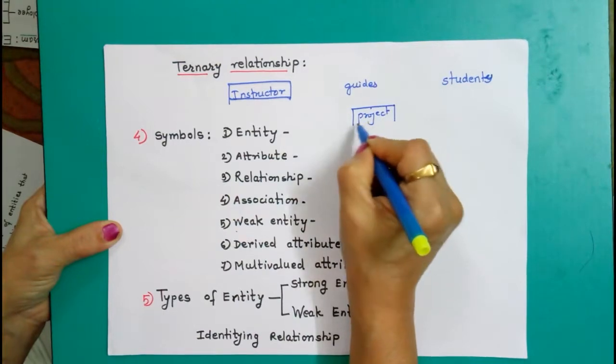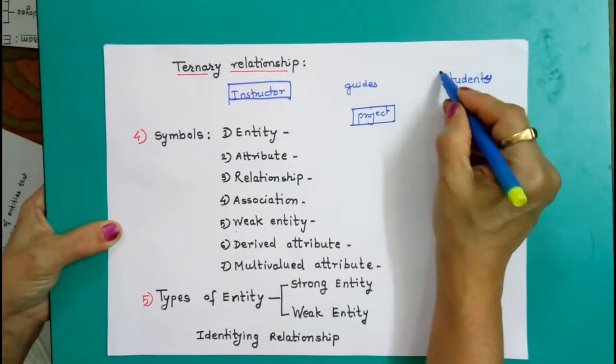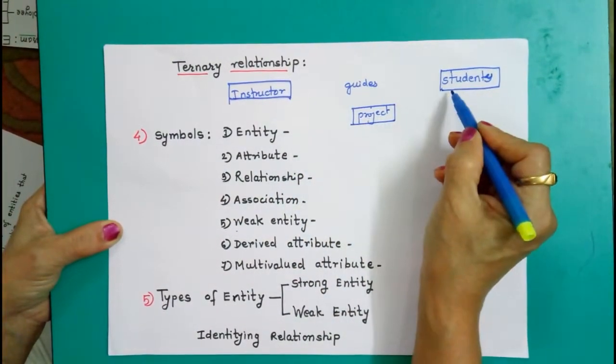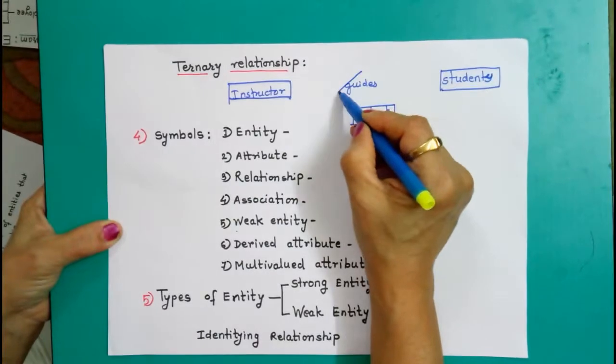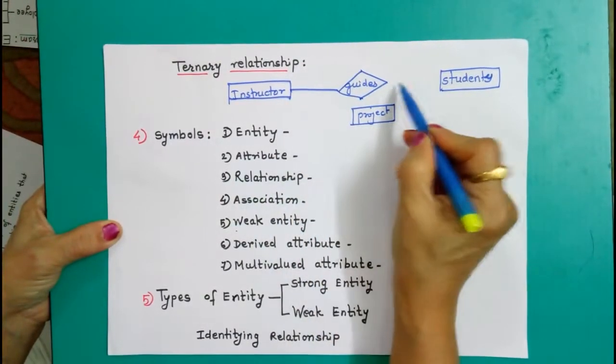So, in this example, instructor, project and students are three entities which are participating in the relationship guides.